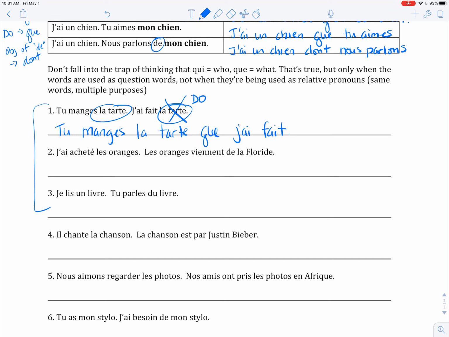Okay. Second one, j'ai acheté les oranges. Les oranges viennent de la Floride. Les oranges. In the second sentence, the one that we're going to replace, les oranges is the subject, comes right in front of the verb. So we get, I'm going to be lazy here, j'ai acheté les oranges qui viennent de la Floride.